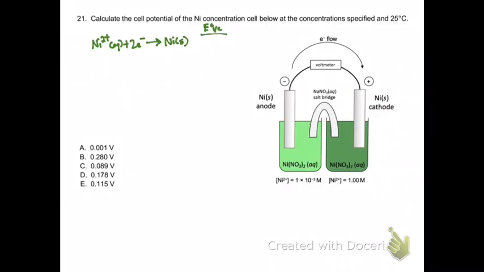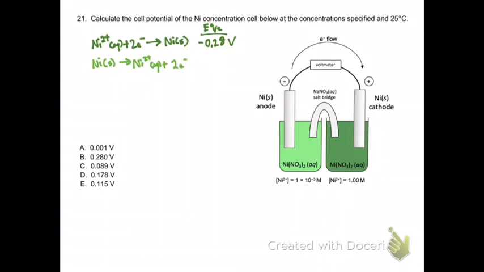So this has an E standard of negative 0.28 volts. Okay. Now, meanwhile, in our anode, we're oxidizing nickel. So nickel solid going to nickel 2 plus and 2 electrons.